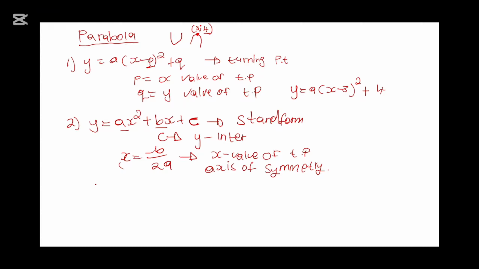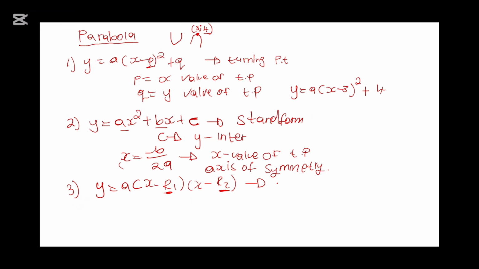Right, and then you have the last one, which is the x-intercept form, whereby y is equal to a times (x minus r1) times (x minus r2). Basically, r1 and r2 will be your x values.